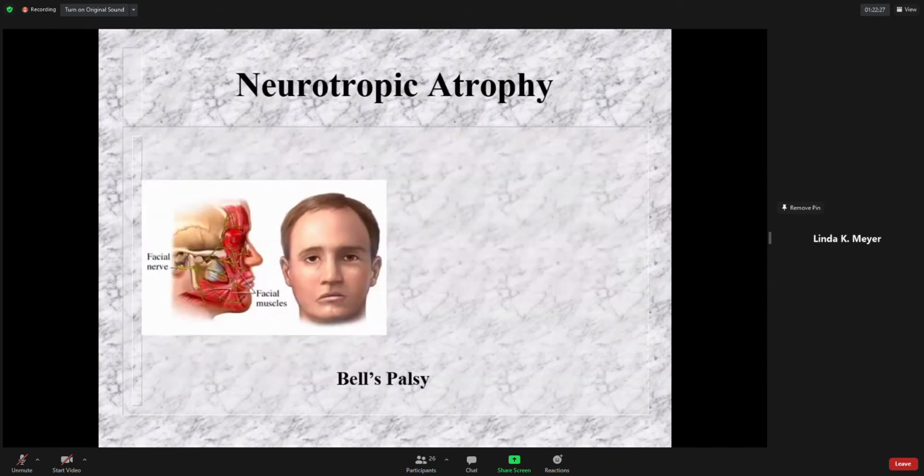Okay, neurotropic atrophy is classified as a type of disuse atrophy, but it's because of not inactivity per se, but there's lack of the nerve stimulation to the different muscles that leads to their atrophy. And there are many different types of neurotropic atrophy.